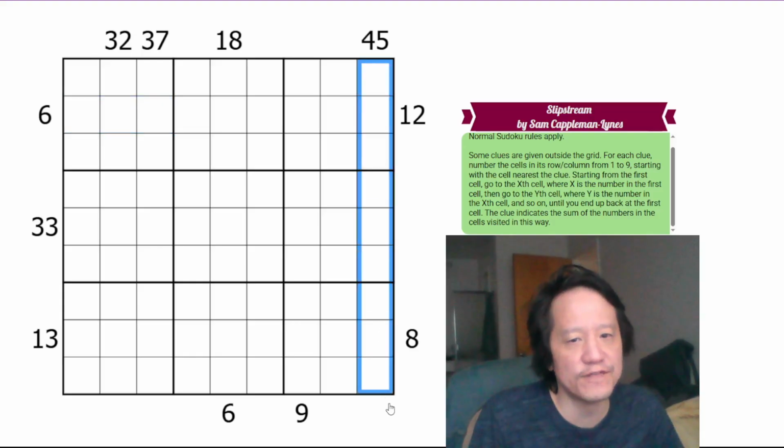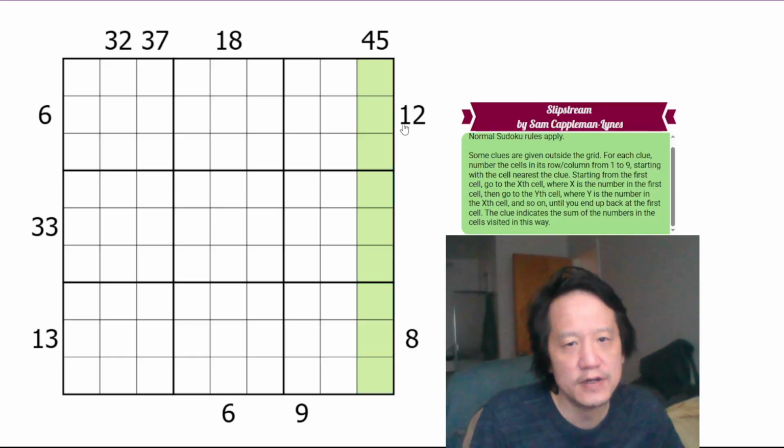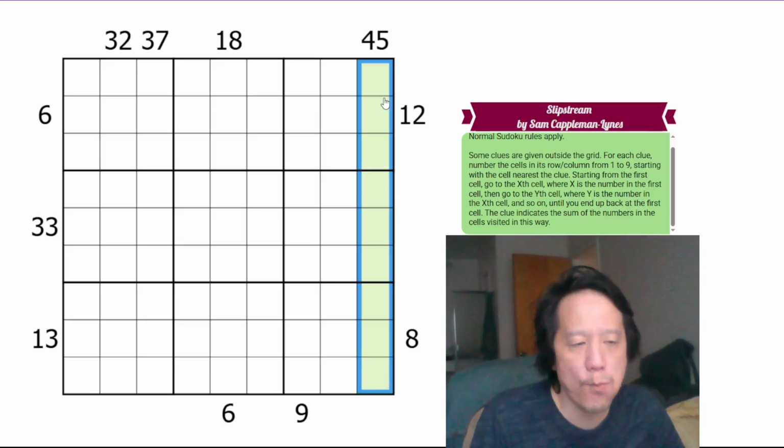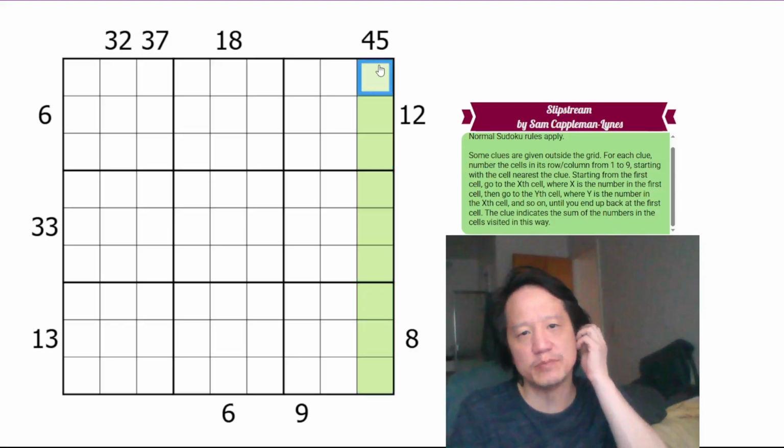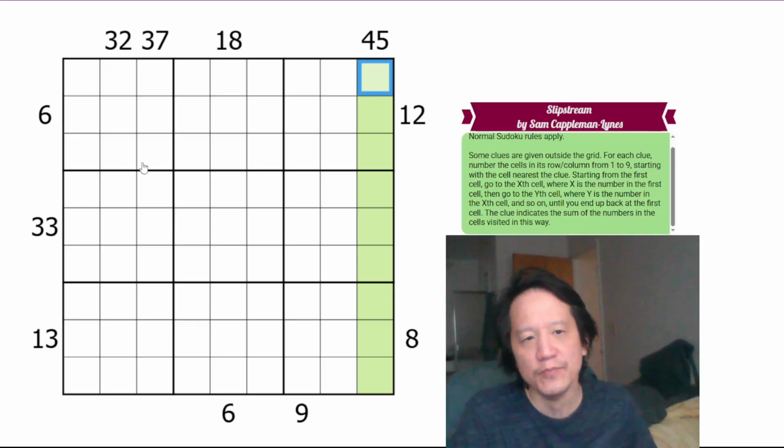To get to 45, obviously you have to have all the digits in that be part of the sum. So basically, the last digit in column 9 has to be 1, essentially. The last digit you get to in column 9 has to point back to 1, but this cannot be 1, obviously.